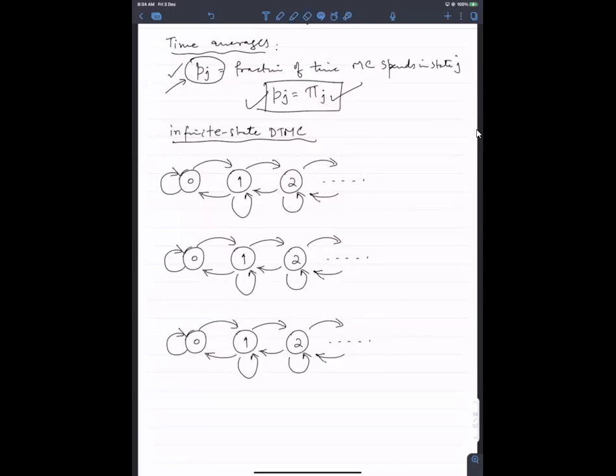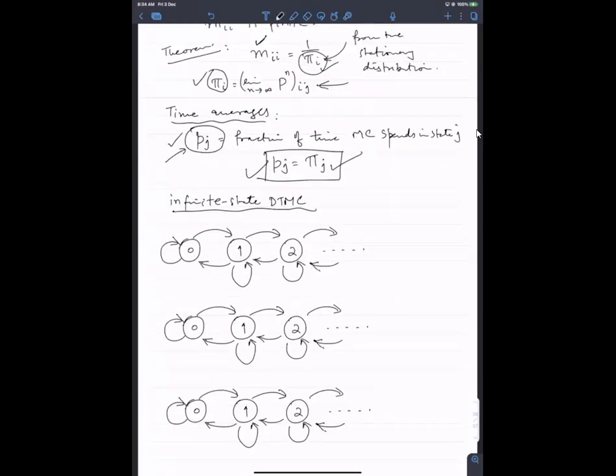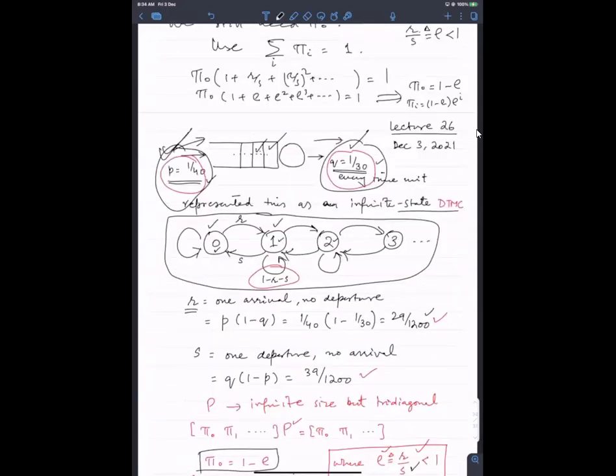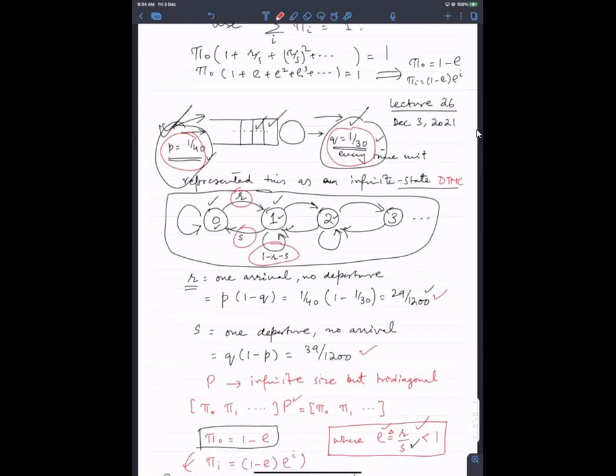Now, if we considered this chain, यहाँ पे हमने कहा था कि the chain increases the size of the queue by probability R at every time step and decreases the size of the queue by probability S at every time step.